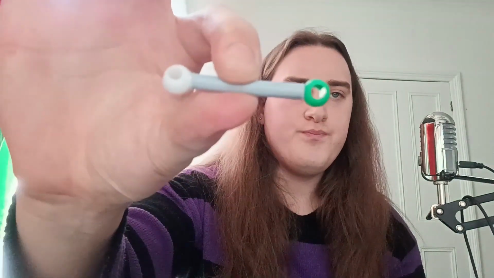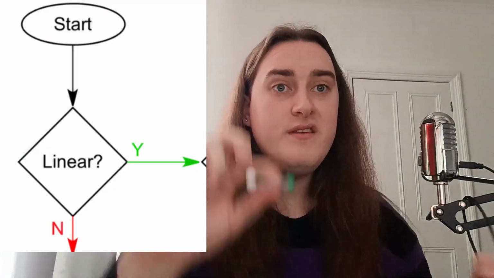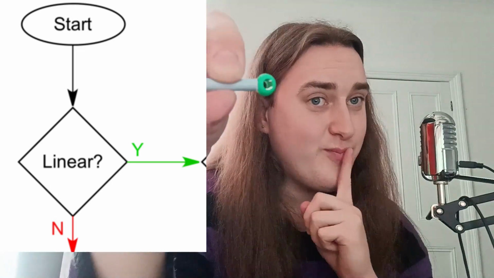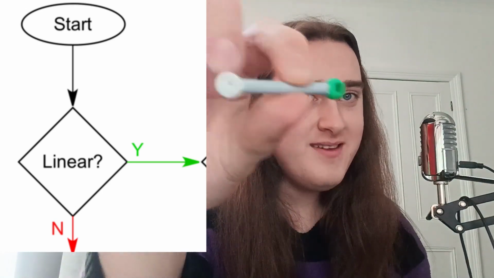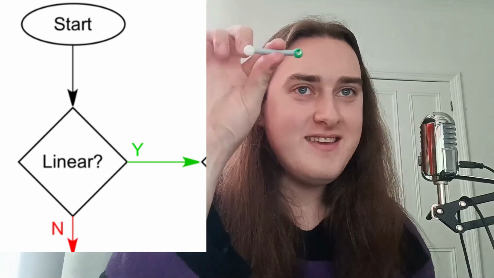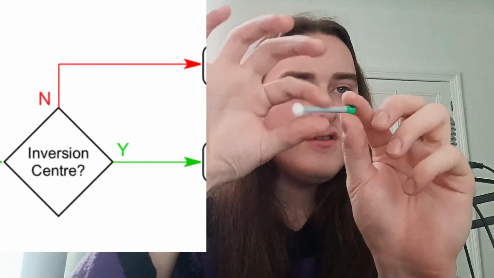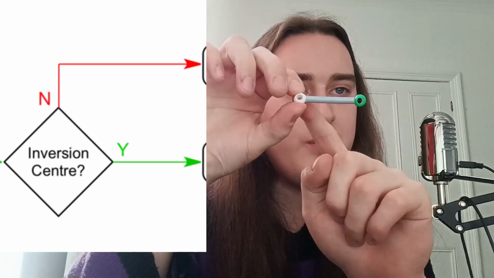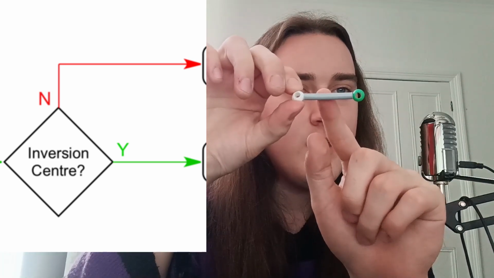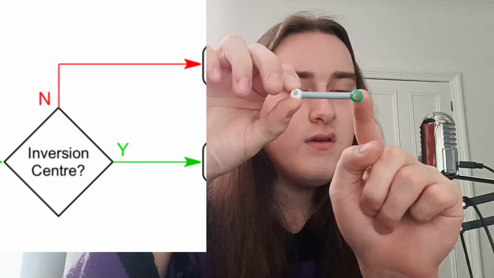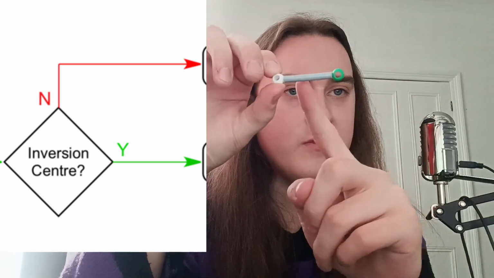Let's do another one, which will be HCl. Here it is, HCl. Let's go through it. Is it linear? I think it might be linear. Yes, it is. Does it have an inversion center? You remember an inversion center is moving one point through the center of symmetry to the other point, equidistant from the center of symmetry.